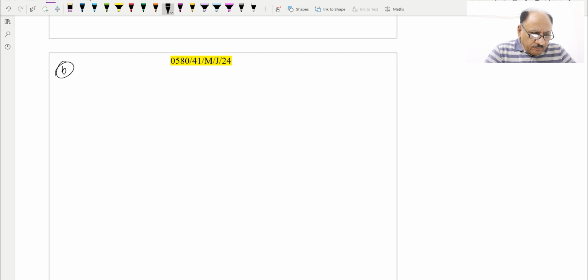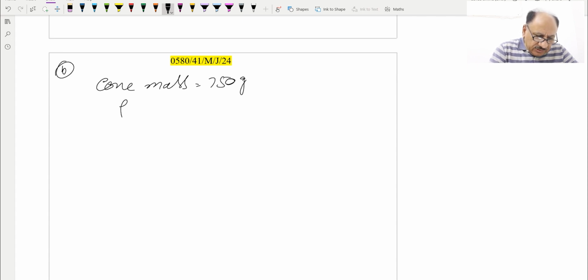A solid bronze cone has a mass of 750 grams, so cone mass is equal to 750 grams. And the density of bronze, density we know is rho, which is equal to 8.9 gram per centimeter cube.